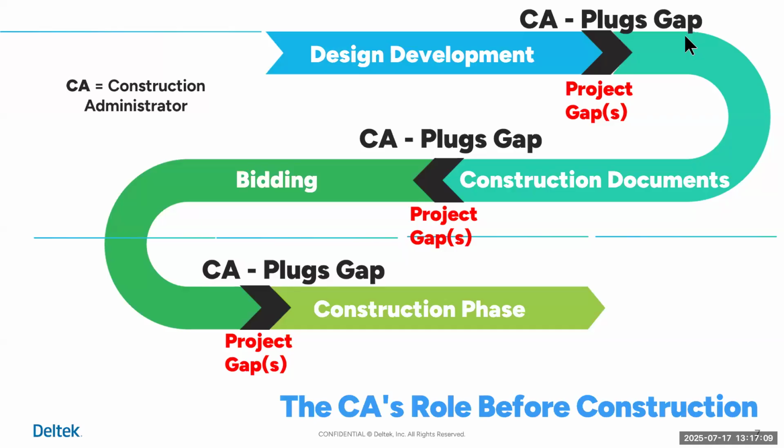See, the work of a CA person can be that belts and suspenders, so to speak, to plugging in these gaps between drawings and specs from all these different project phases, even through the completion of the project. But what about during construction?